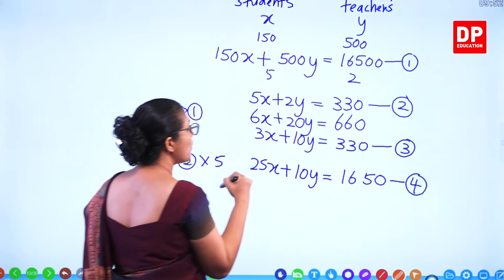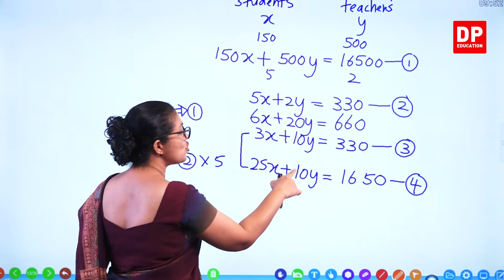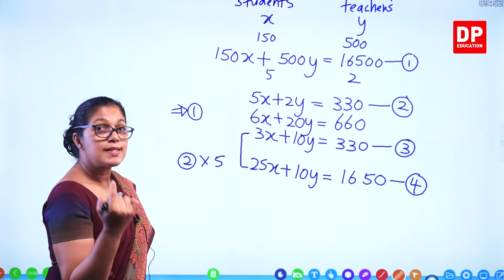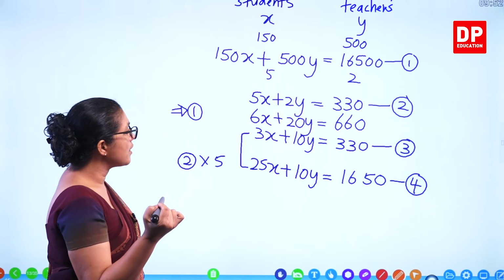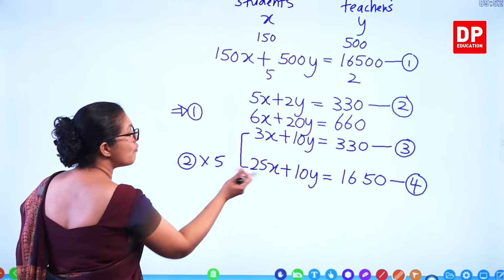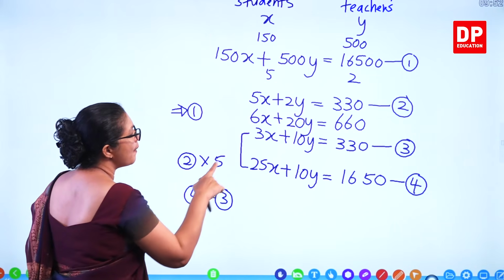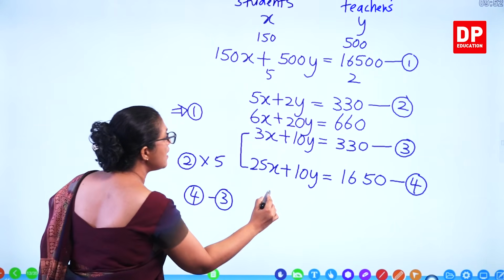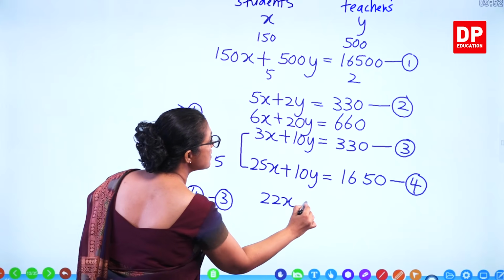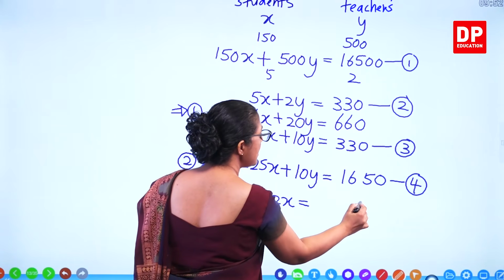That's my fourth equation. Now you can see the same coefficient for y and the same sign, so you can subtract the two equations. I can subtract 4 minus 3, otherwise you are getting a negative answer. So 25 minus 3, that's 22x equals 1650 minus 330.